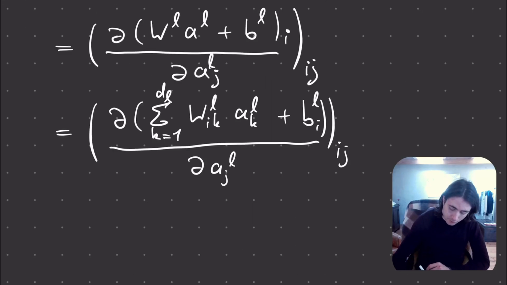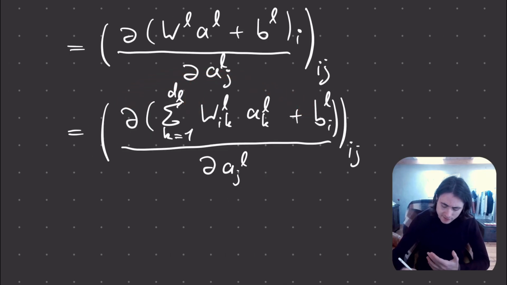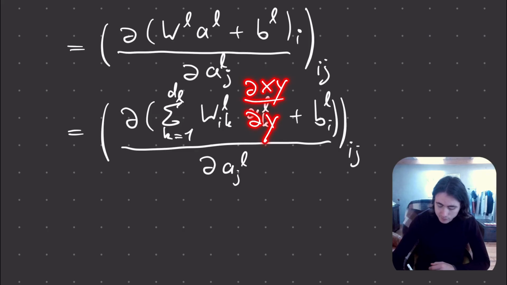Okay, and now we can once again pull the differential into the sum, pull it in front of bi, and as in the last video, it's pretty similar. If this index is unequal to that index, then the entire expression is just 0, because these are different variables. But if the index is the same, so if k equals j, then we are taking the derivative of something that looks like the derivative of x times y differentiated with respect to y.